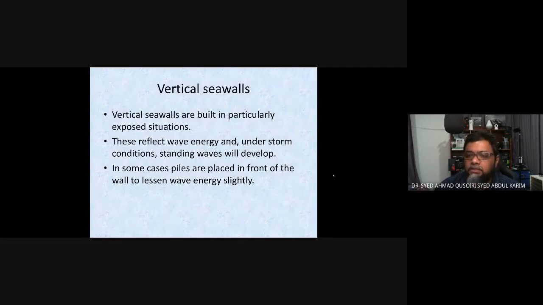So first of all, the vertical seawall is built in particular exposed situations, and they reflect the wave energy. So there are no holes or whatever in that particular vertical seawall. So the wave will hit the wall and be reflected back.